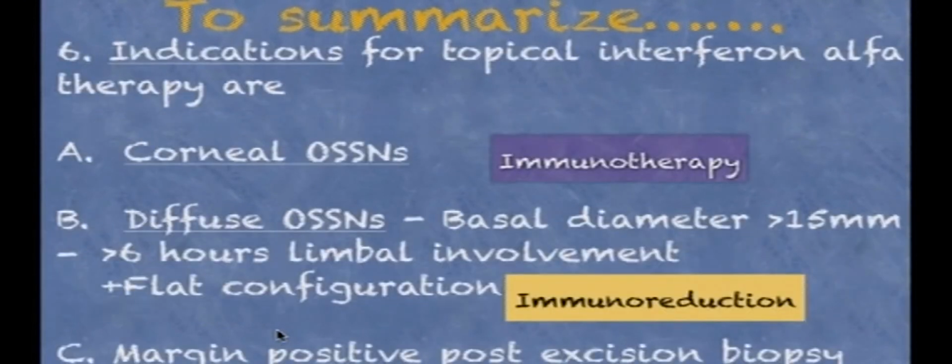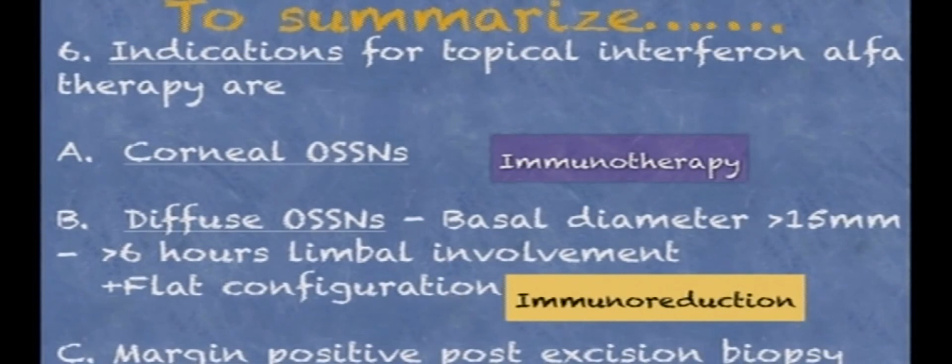Indications for topical interferon alpha 2B therapy are corneal OSSNs, where it is used for immunotherapy; and diffuse OSSNs, where basal diameter is more than 15 millimeter or more than 180 degrees of limbal involvement, where the lesion has a flat configuration, for immunoreduction. If the lesion doesn't reduce completely even after interferon, then you can go ahead and do an excision biopsy.